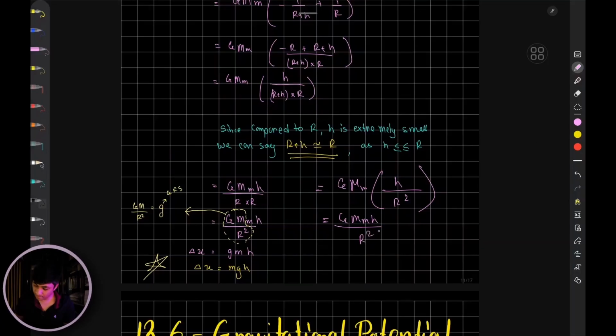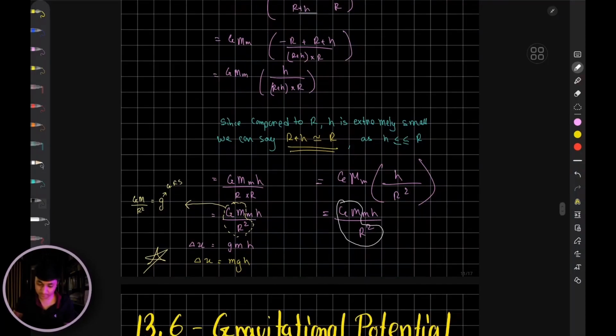Now remember the formula for gravitational field strength, right? The formula for gravitational field strength was GM by r squared. So take that away, and you're going to be left with g times mh. The gravity, not the gravitational constant, I mean gravitational field strength.